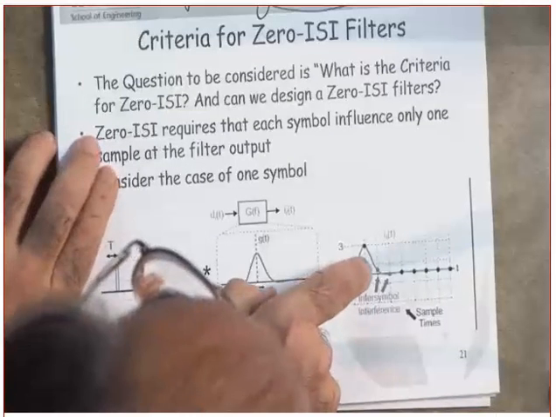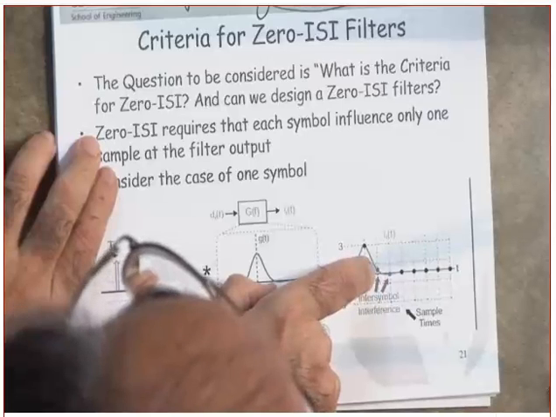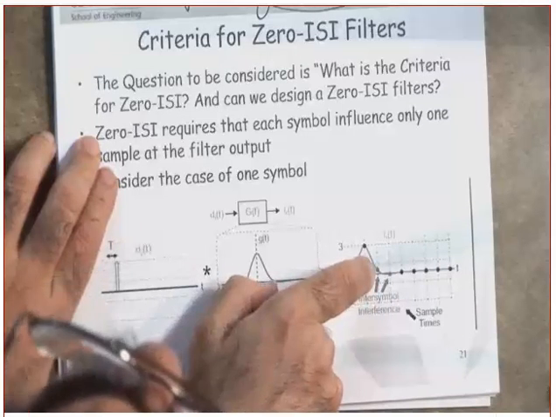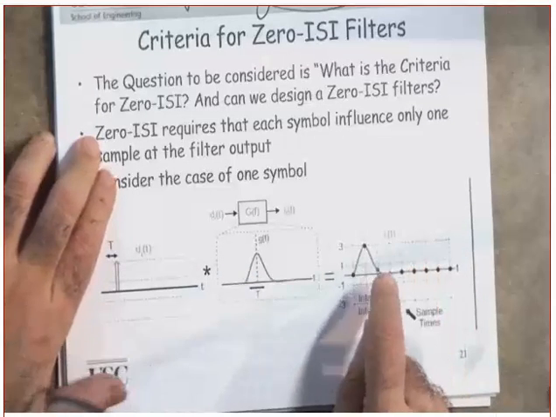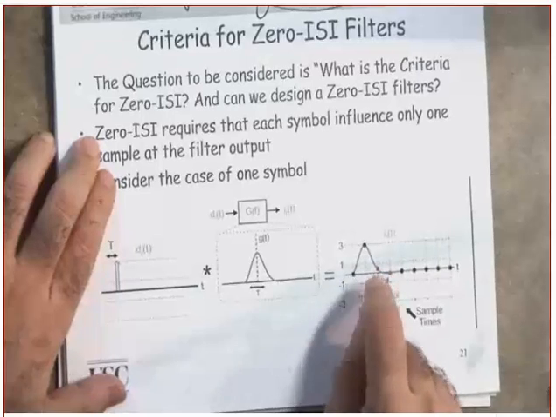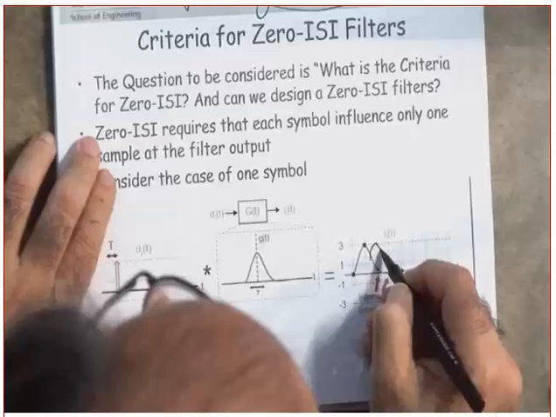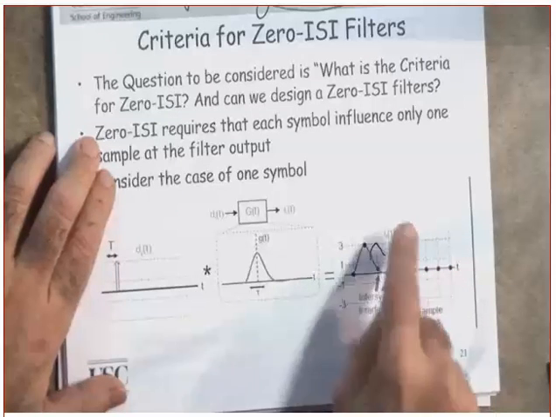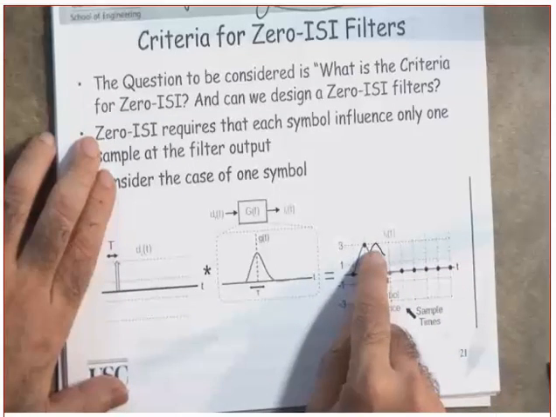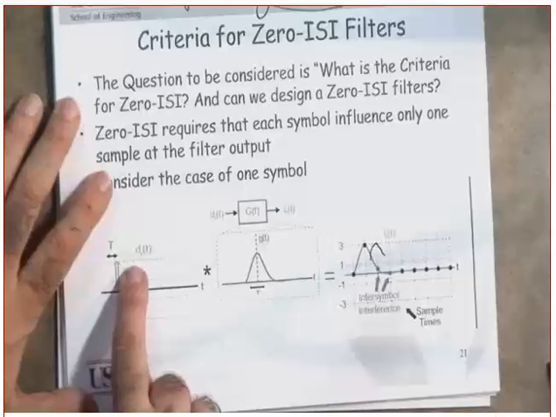I want you to see this. Is this causing an intersymbol interference here? With the next symbol. Where will the next symbol be? Why is the next symbol like this? Because the next symbol is coming after this one.